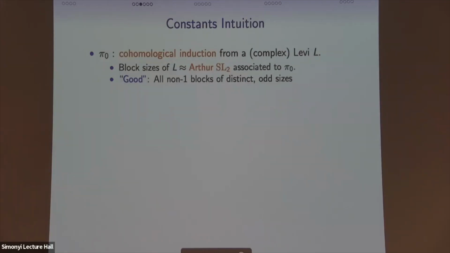So the good condition is basically that you can realize pi 0 in a way where this L, all the blocks that aren't of size 1 are distinct odd sizes, and that's what our good condition is. So basically the Arthur SL2 decomposes into a bunch of trivial representations and then a bunch of distinct representations of odd dimension.